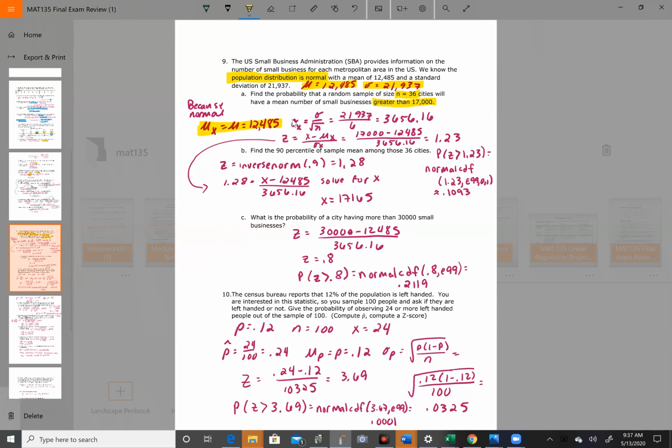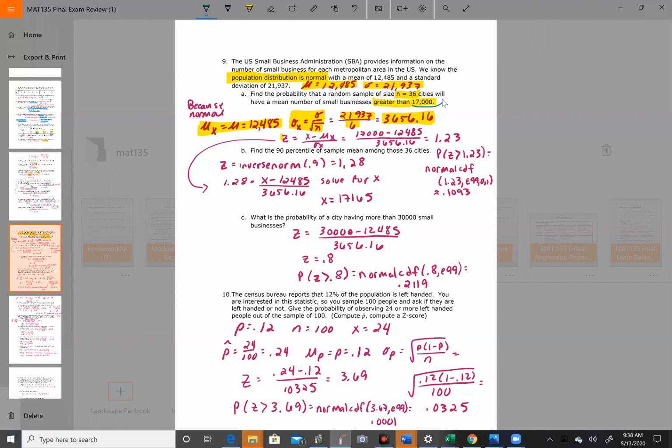And to find our standard deviation, we use the little formula, sigma divided by the square root of n. Our sigma was 21,937 divided by 6. So our new standard deviation is 3,656.16. Now we need to find our z-score.